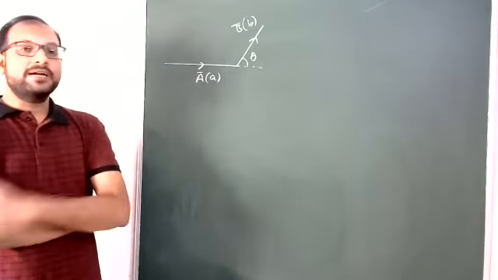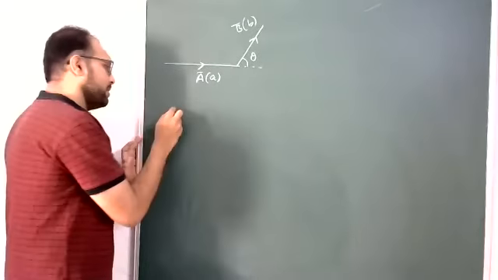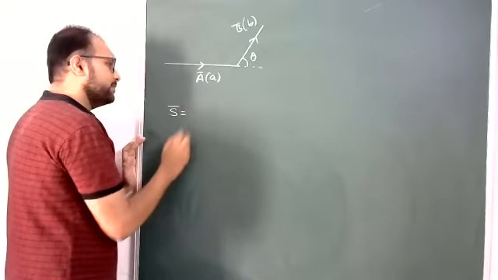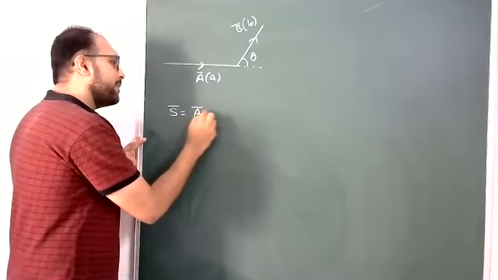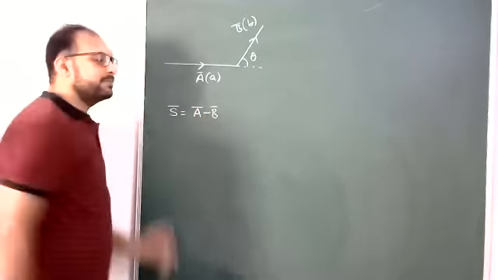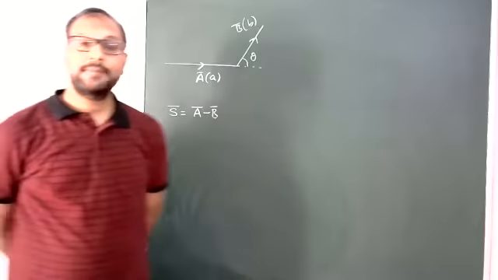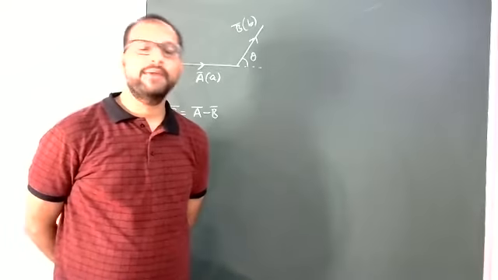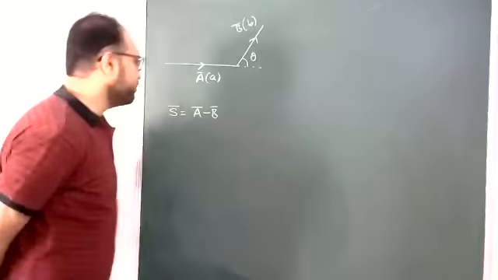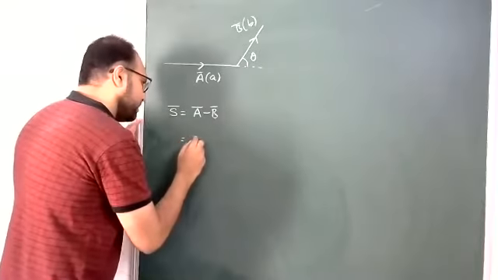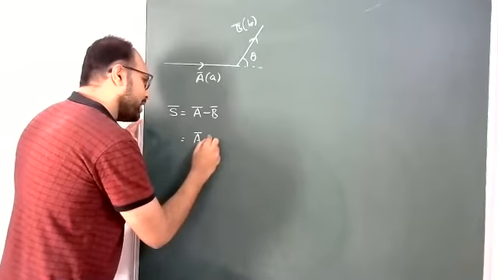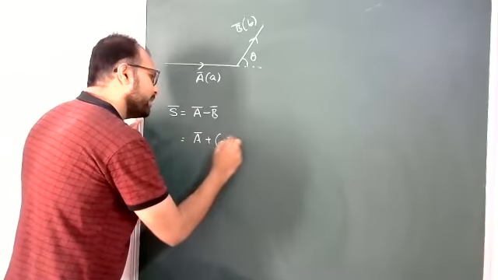Now the target is not addition, it is subtraction. S bar equals A bar minus B bar. Is that the subtraction of B bar from A bar? See, very simple logic. Here it is A bar plus of minus B bar, right?